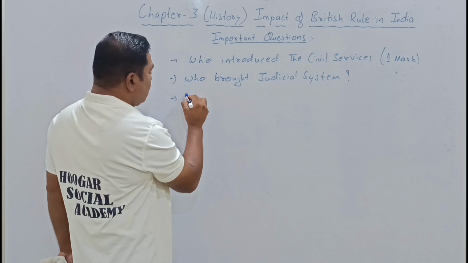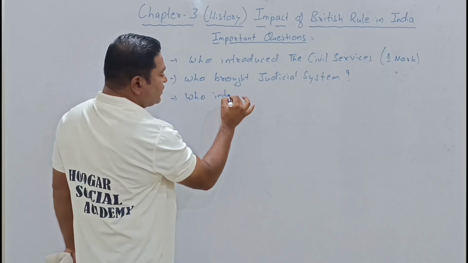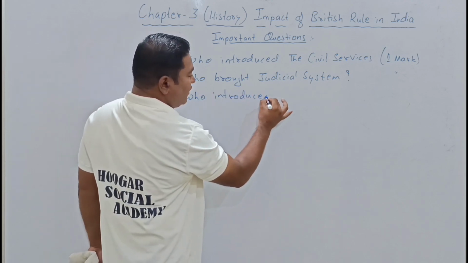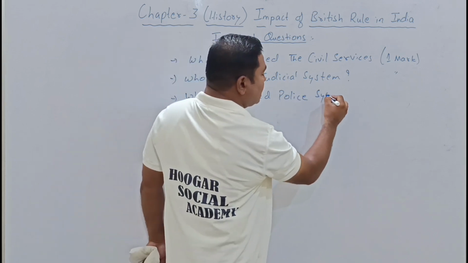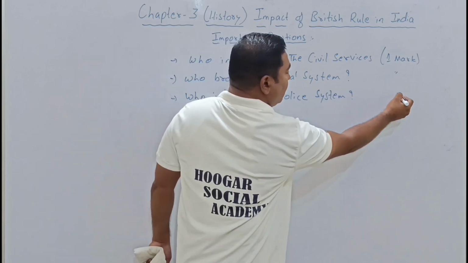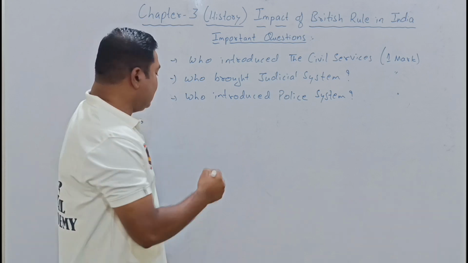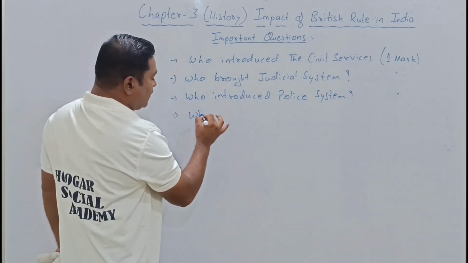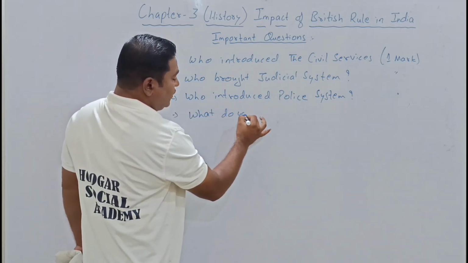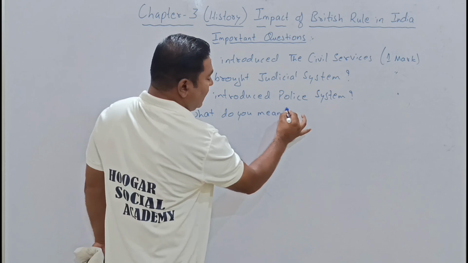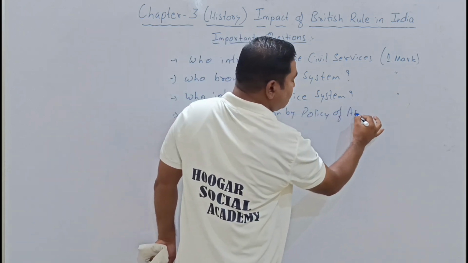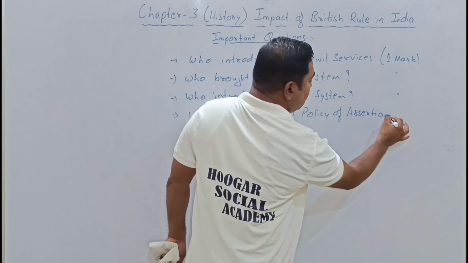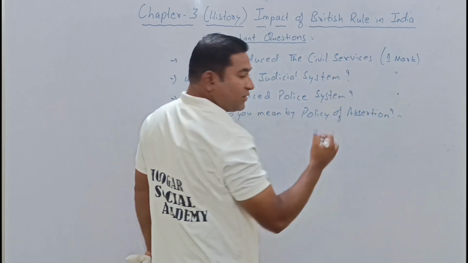Then comes, who introduced the police system, an efficient police system? Again 1 mark. Next, what do you mean by policy of assertion? Again it is of 1 mark.